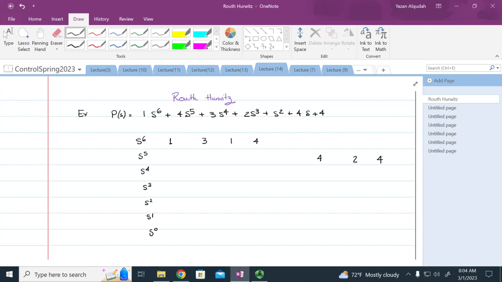Why did I not write it here? Because we can always take any row and divide it by any constant. Does it make sense? So I can write this as 4, 2, 4. Or I can say, oh, these all divide by 2. So why don't I just write it as 2, 1, 2. Make sense? It just makes the calculations easier.